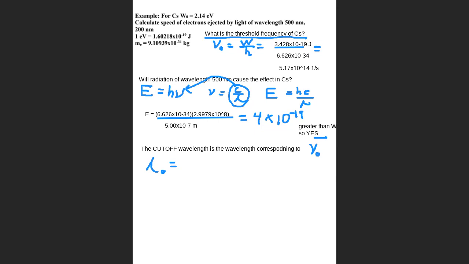So lambda naught is c over nu naught, or 0.9979 times 10 to the 8th meters per second over 5.17 times 10 to the 14th.